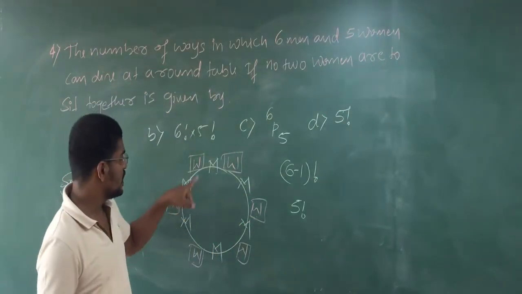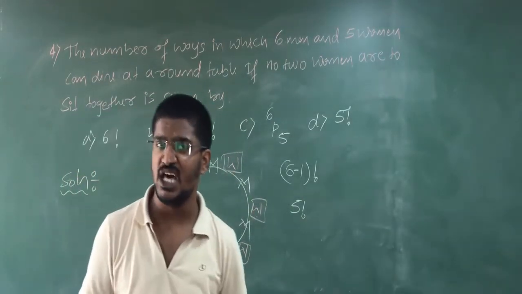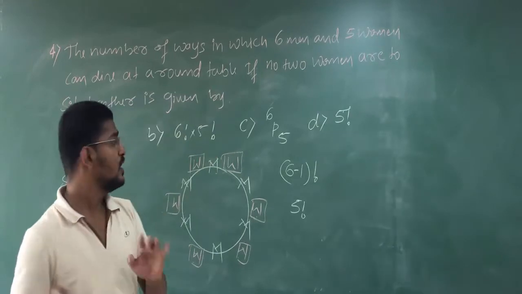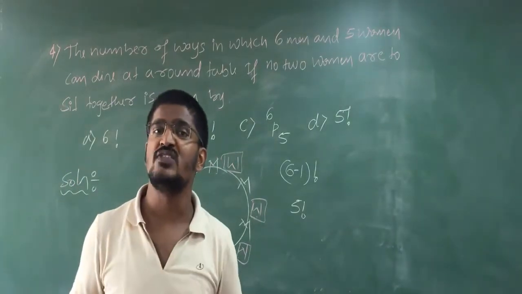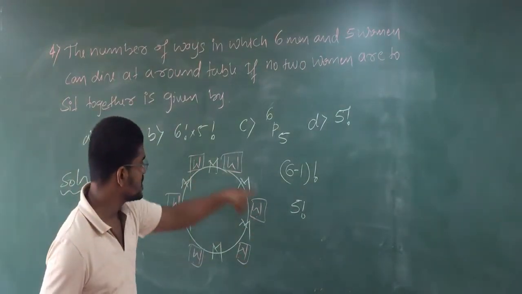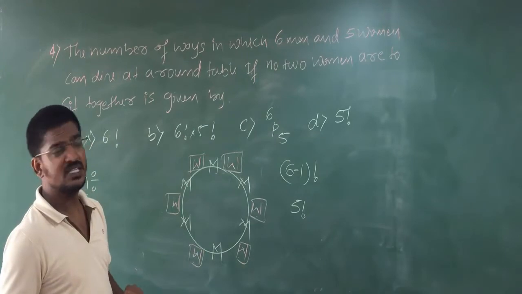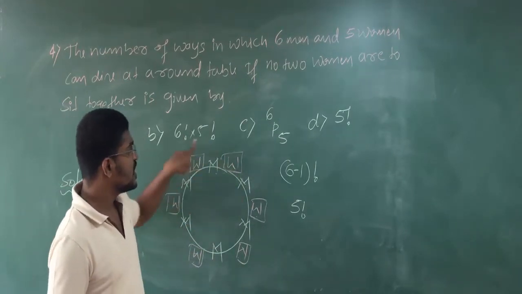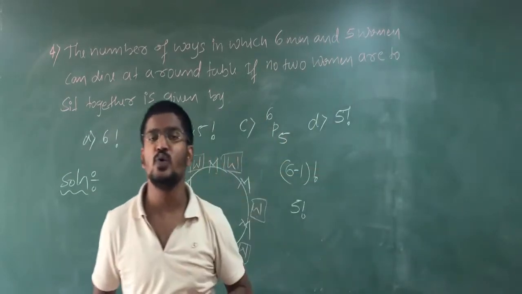So see here, you got 6 places where the women cannot be together. Don't worry about men. We have to worry about women because women must not be together. So there are 6 places for the women where they are not together. That means in these 6 places, how many women do you have to arrange? 5 women.